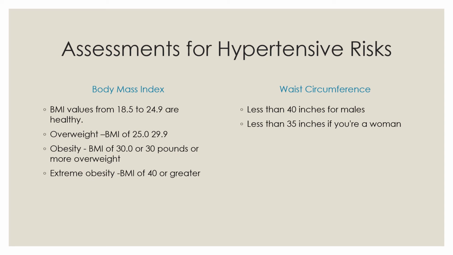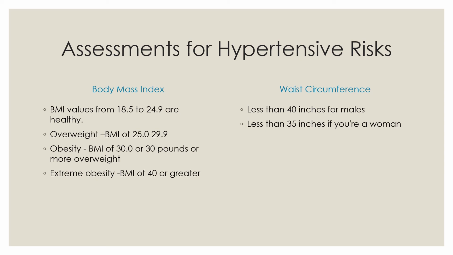When assessing a patient for hypertensive risk, there are some very specific things that you need to be evaluating. Your BMI values, anything that is 18.5 to 24.9 are considered normal and put the patient at very little risk for hypertension.